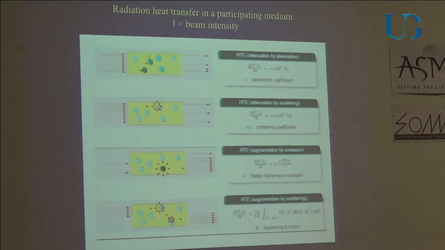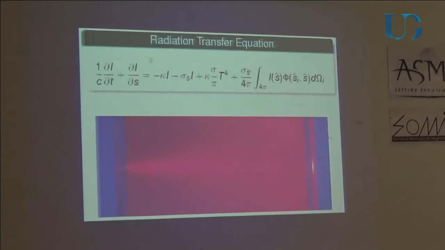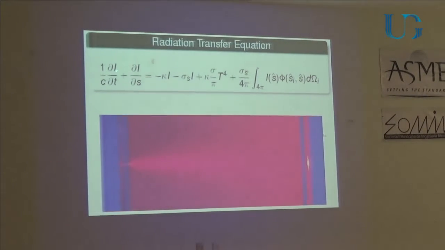So what we end up with is that the energy that moves in a certain direction will be diminished by absorption and by scattering, but increased by emission and by in-scattering, as this other term is called.